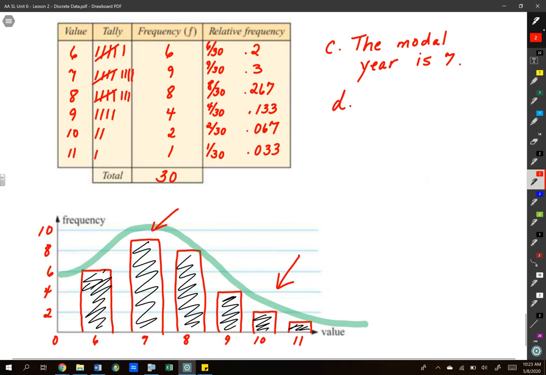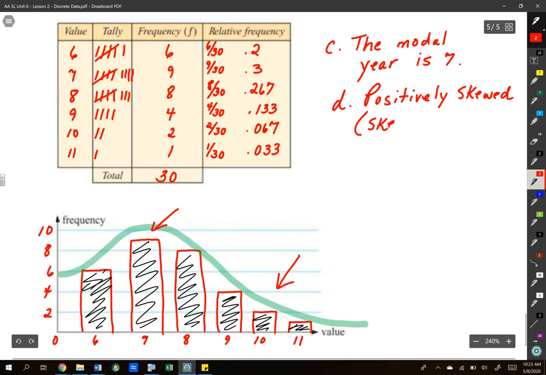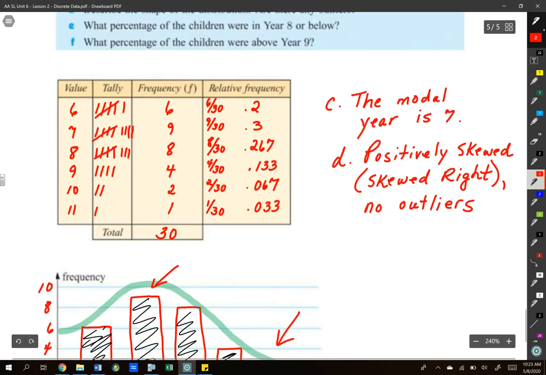So this is a positively skewed graph, which I'm going to note means skewed right. And because all the bars are right next to each other, we have no outliers.